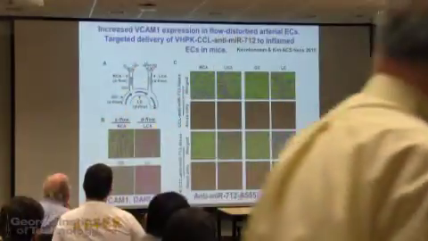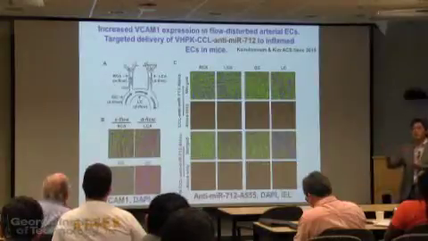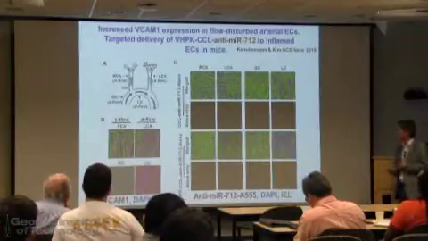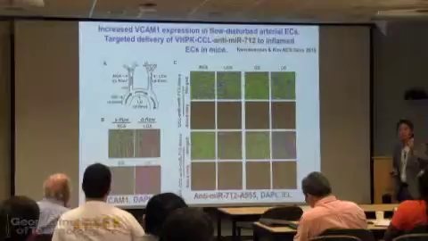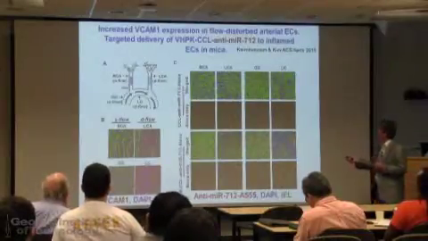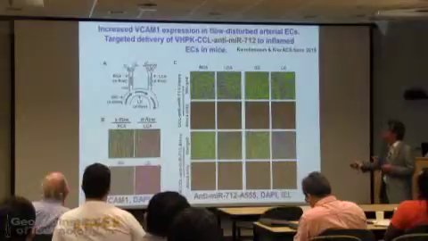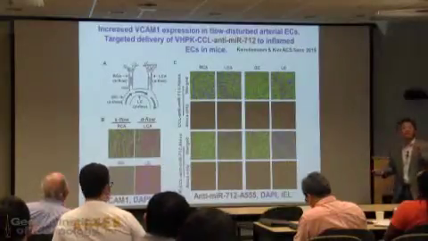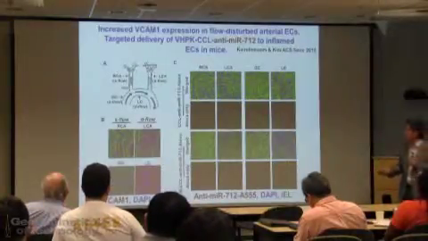Then we injected this nanoparticle containing the VCAM1 targeting moiety as well as anti-MIO-712. Again, before I show you that data, here's our control. We wanted to see where VCAM1 was expressed on the endothelial surface.